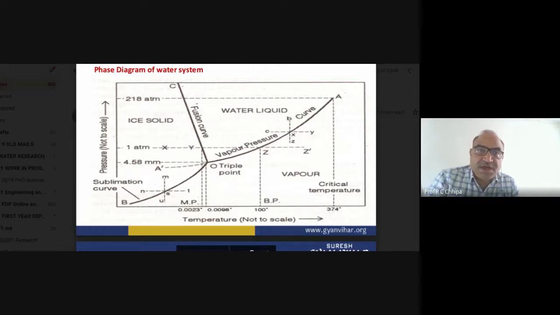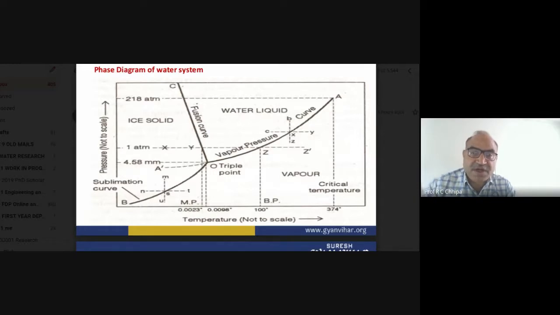So here we have seen the one component system, where we get the correlation between the solid, the liquid, and vapors. That is the great concern regarding any material, because two or more phases are present.